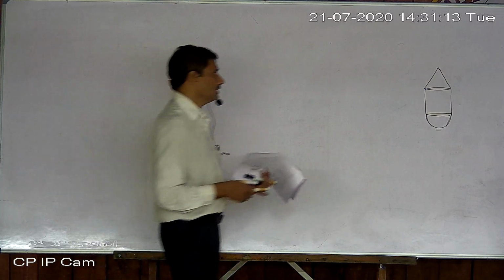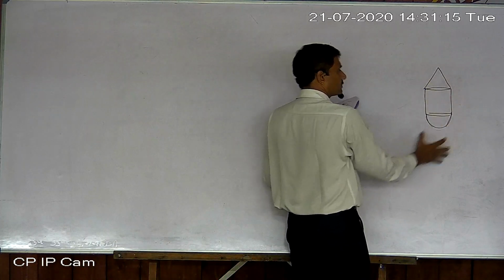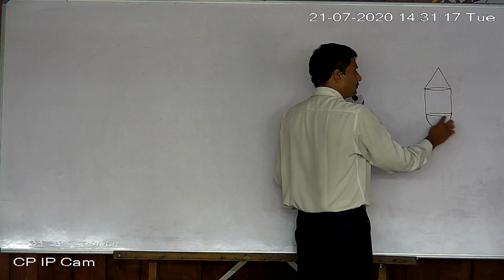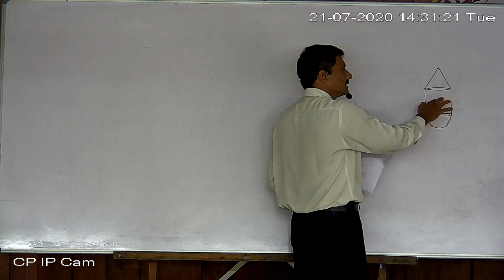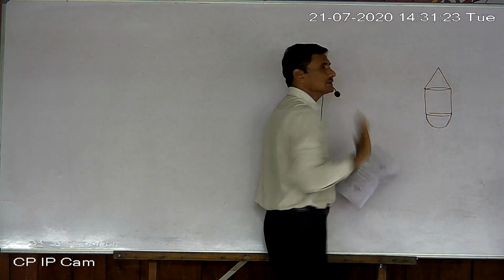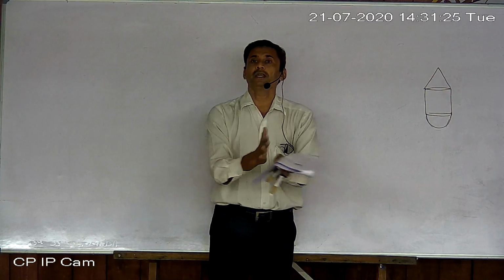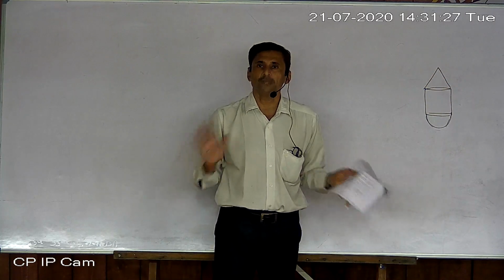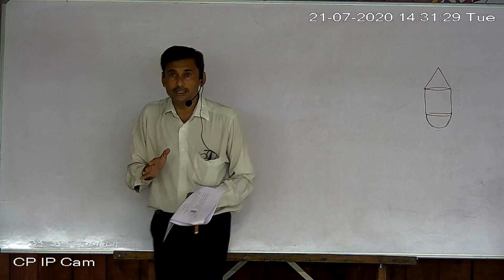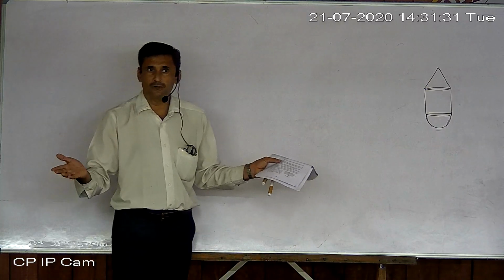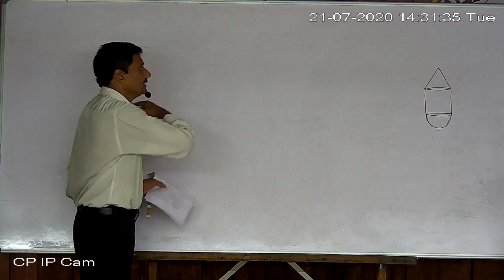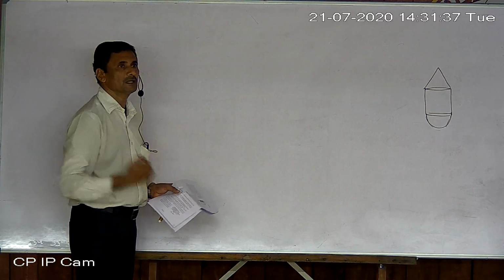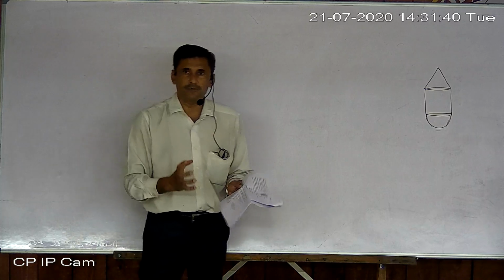So here, if the total surface area of the solid is required, then I have to find the curved surface area of the hemisphere, the cylinder and the cone, and then add all of them. Either find all three individually, or write them in a single step and take common, which is preferable.